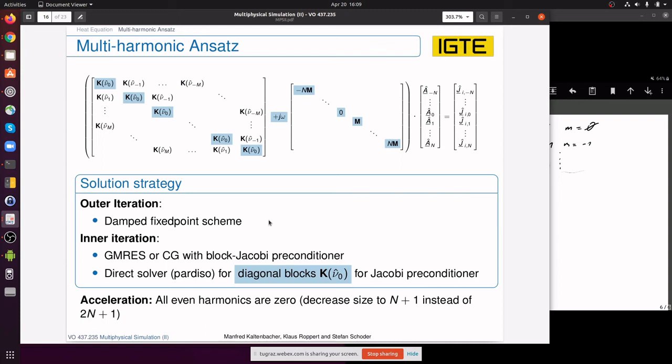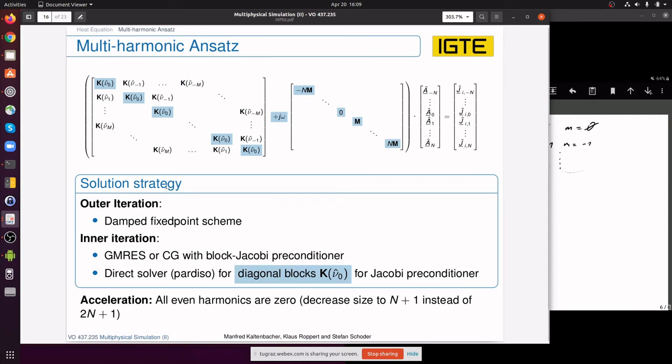The GMRES is working a little bit better in this case. And speaking about the Jacobi preconditioner means we're inverting the diagonal entries of a matrix. Since we're dealing with a matrix of matrices, we not only need to invert certain entries, we need to invert whole matrices.